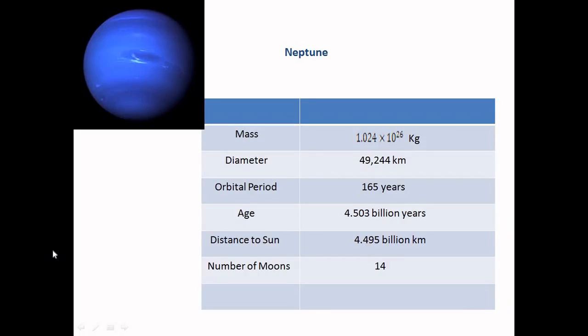Neptune is the last planet in our solar system. Its mass is around 1.024 x 10^26 kg, its orbital period is 165 years, and the distance from the Sun is 4.495 billion km, and the total number of moons is 14.